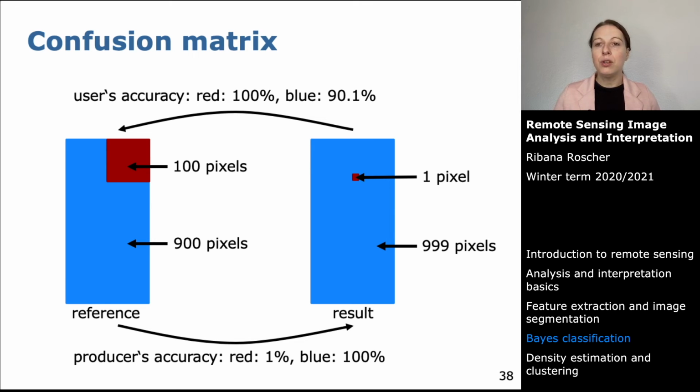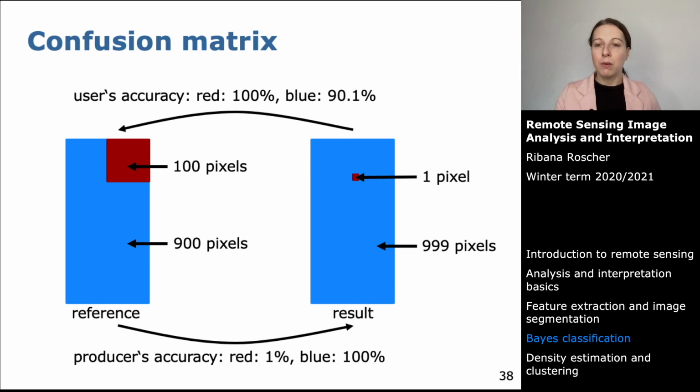Now for the user's accuracy, as I said, you come from the results, so from the map on the right side. And you want to know how correct it is. So you have one red pixel, and if you go to the reference, you see this one pixel is correct. And then starting again from the results, you have 999 pixels for the blue class.